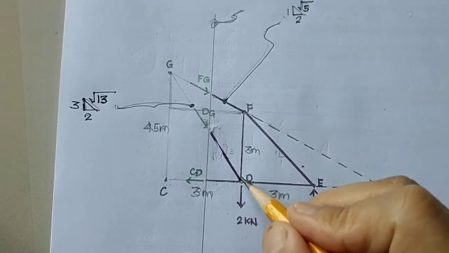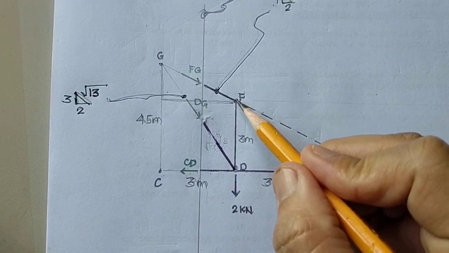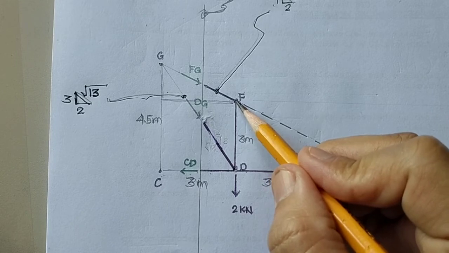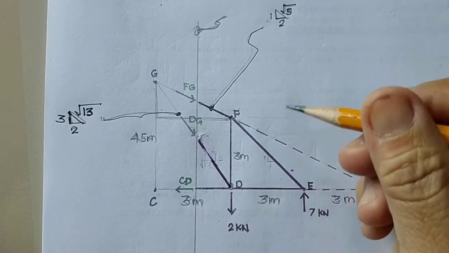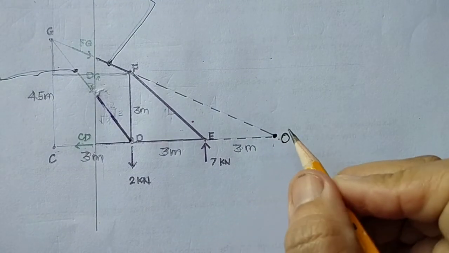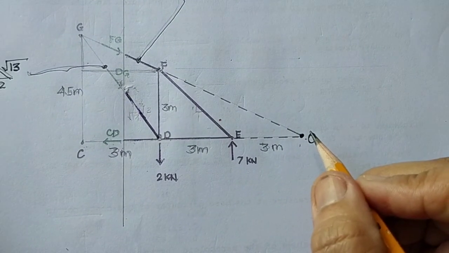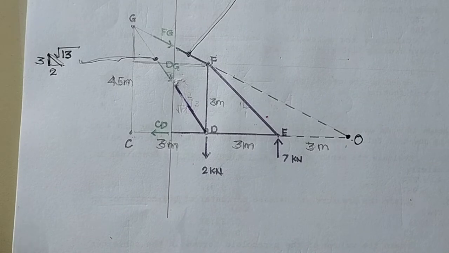So we can put the component of FG at point F or at point O. So let us use both points as the center of moment.